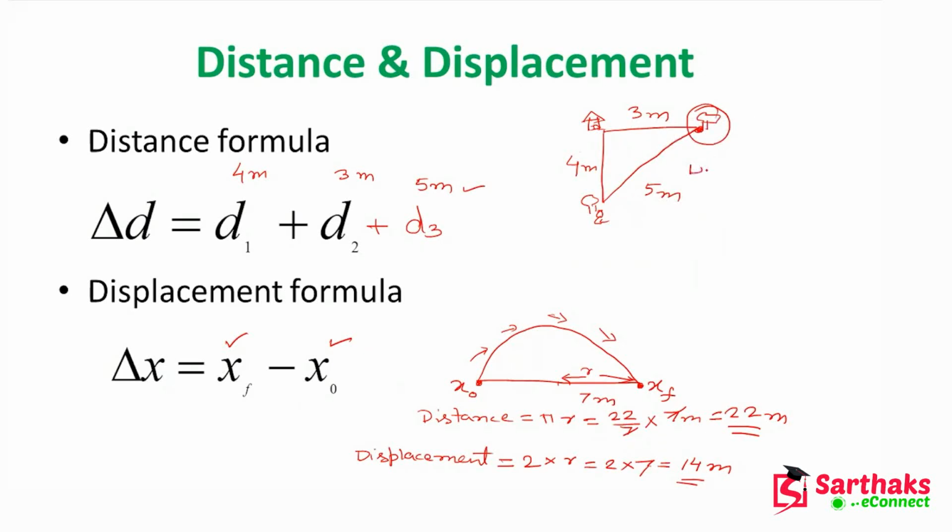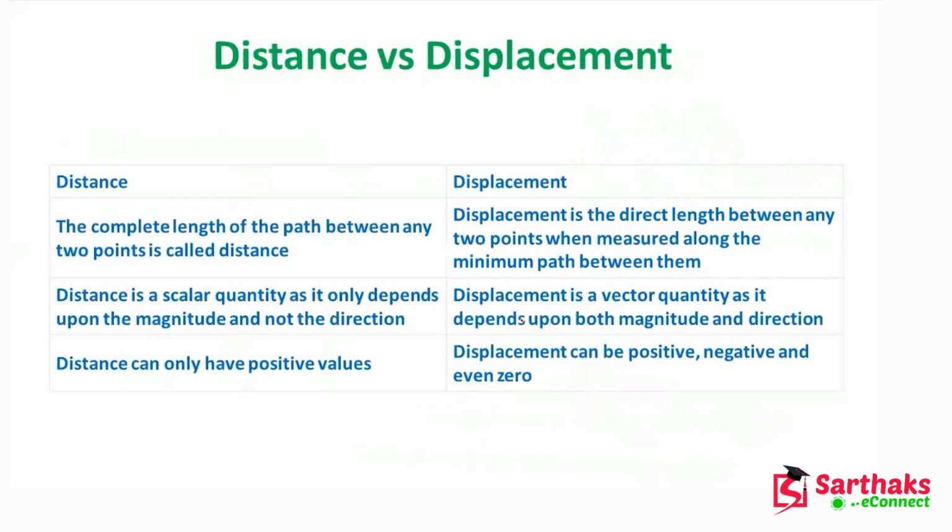Here the distance equals 7 meter, 4 meter plus 3 meter, and the displacement equals 5 meter. Okay. So this is the difference between distance and displacement. I think now it's very clear what is the distance and displacement.